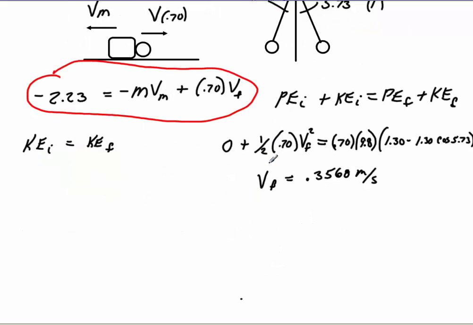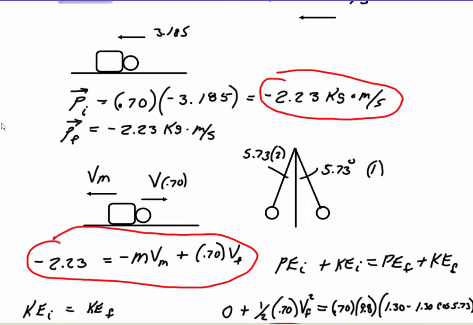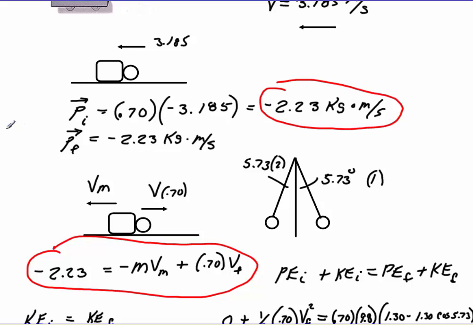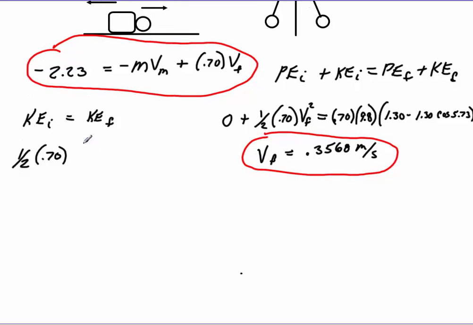Alright. Now that we have that velocity, let's go back and find out how much kinetic energy the mass had right at impact. So the kinetic energy would equal 1/2 the mass, and the mass was 0.70. Now its velocity when it hit was given as 3.185. So that's kinetic energy initial right at impact.